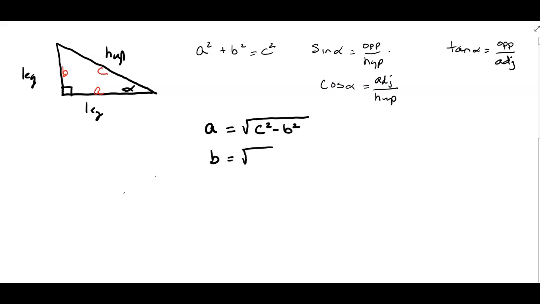B, of course, would then be the square root of C squared minus A squared. And then, of course, C is very different. When you're looking for that hypotenuse, you're just taking the square root of A squared plus B squared.